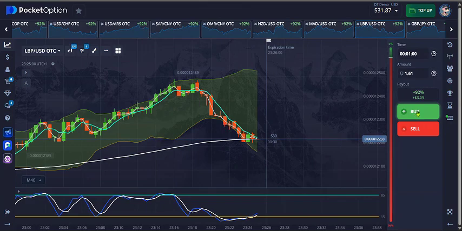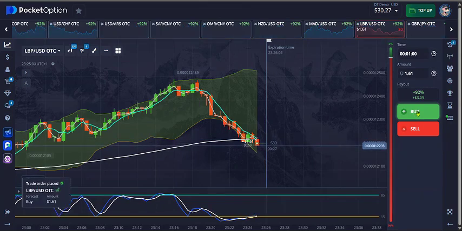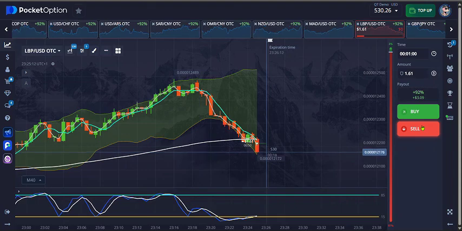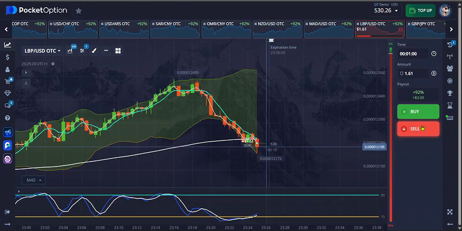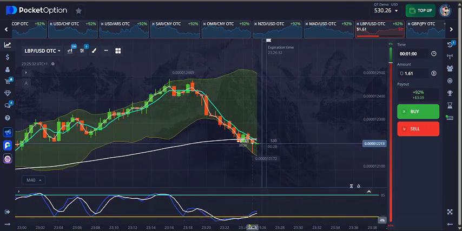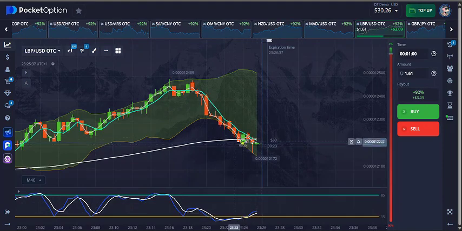Okay, I'm going to be taking a trade here. So I just took a trade there. Let's see. The reason I'm taking this trade is that you can see the momentum here is flipping to the upside, but the crossovers have not yet taken place.